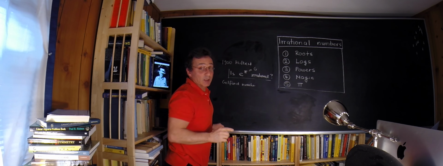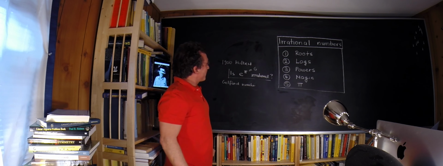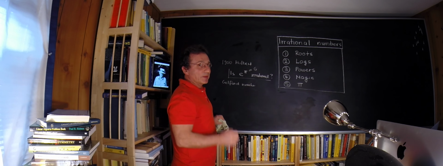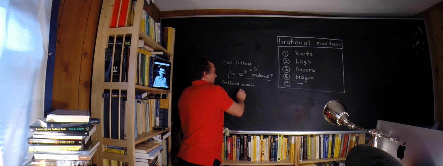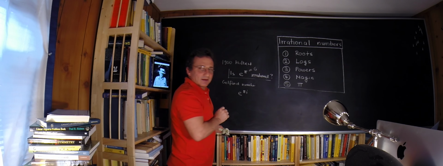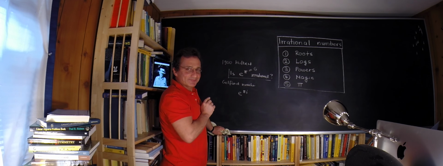The reason why it's a Gelfond number is because Gelfond proved that this is really irrational. But let's rewrite this a little bit so you see that there is a kind of a trick. If you know complex numbers, e to the pi i is -1.